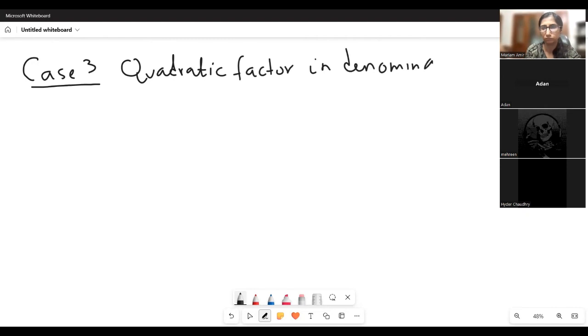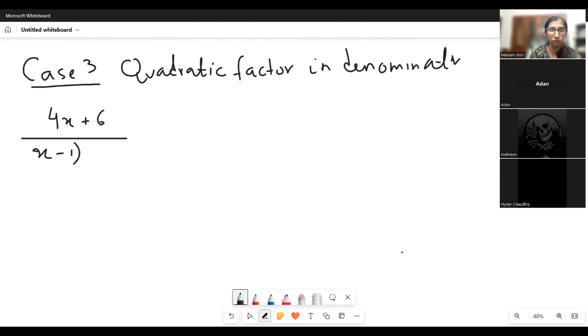Take a look at the question. 4x plus 6 upon x minus 1, which is not a quadratic factor, but x square plus 9 is a quadratic factor. And this is the non-repeated case.